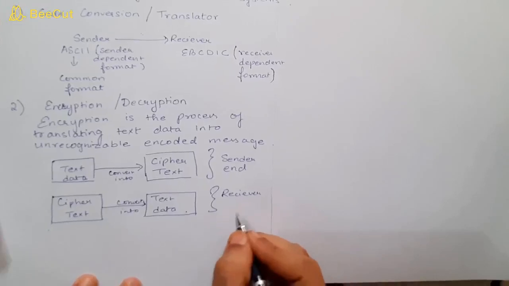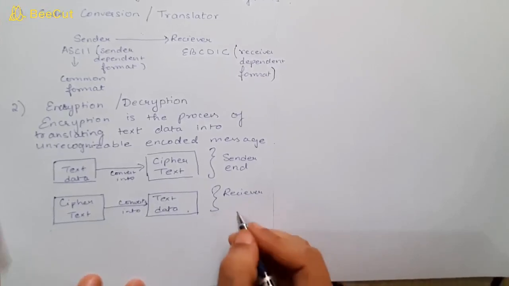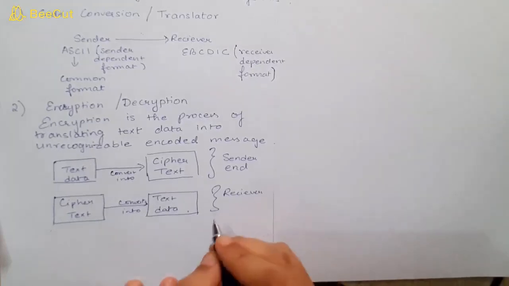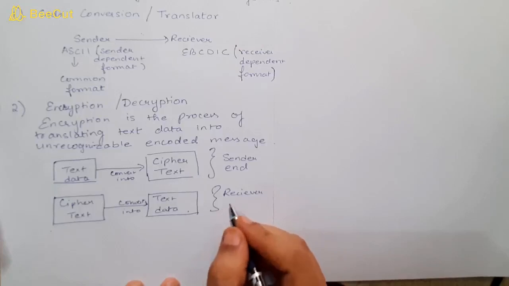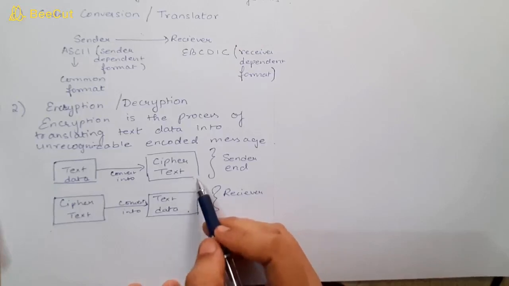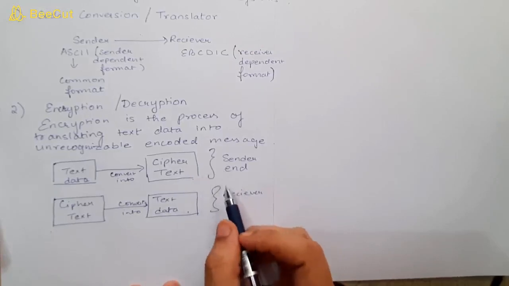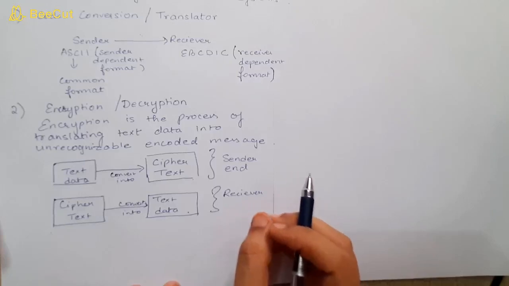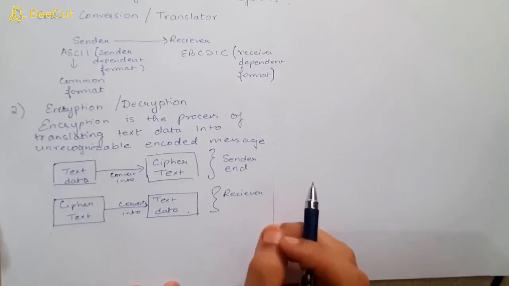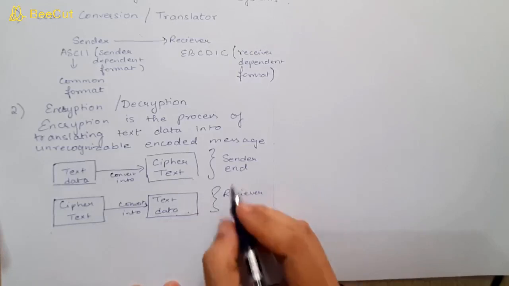The receiver will use the key to convert the ciphertext into the text data, which the receiver can understand. Because the ciphertext is in a format which is unreadable, unrecognizable. It is in encoded form, so retrieving information from it is difficult. So that should be converted back into the text data at the receiver end.